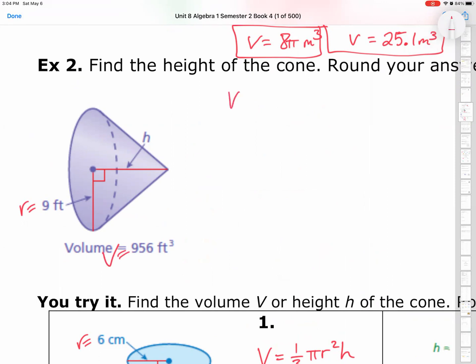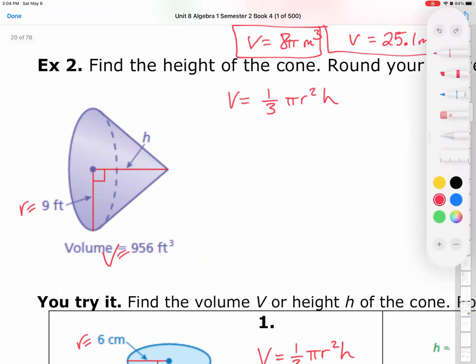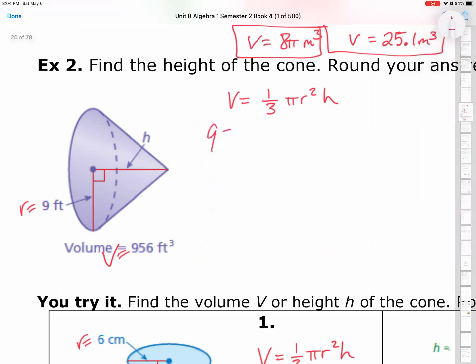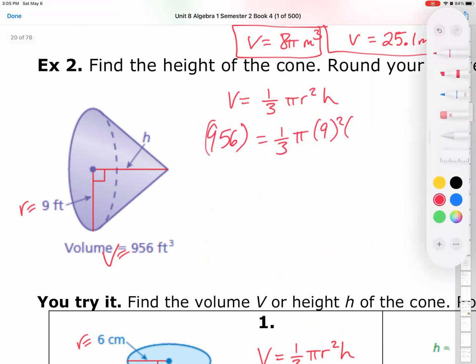We know our volume equation is 1/3 pi r squared times the height, so we plug in our knowns. We have our volume, which is 956, equals 1/3 pi times our radius, 9, squared, times our height, which we don't know. So that's actually what we're trying to figure out.